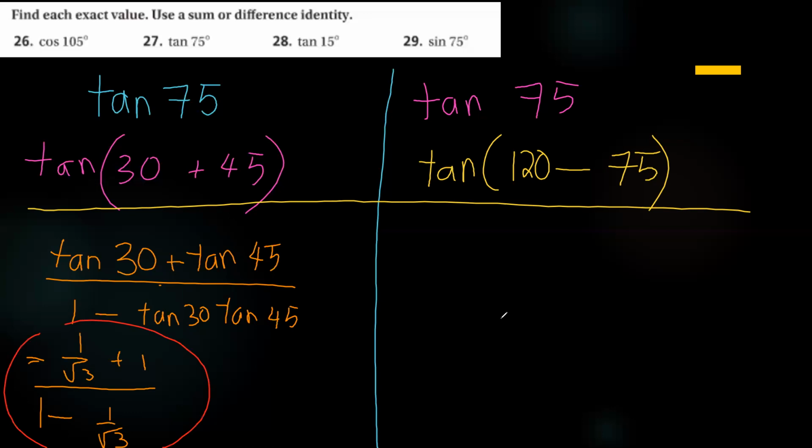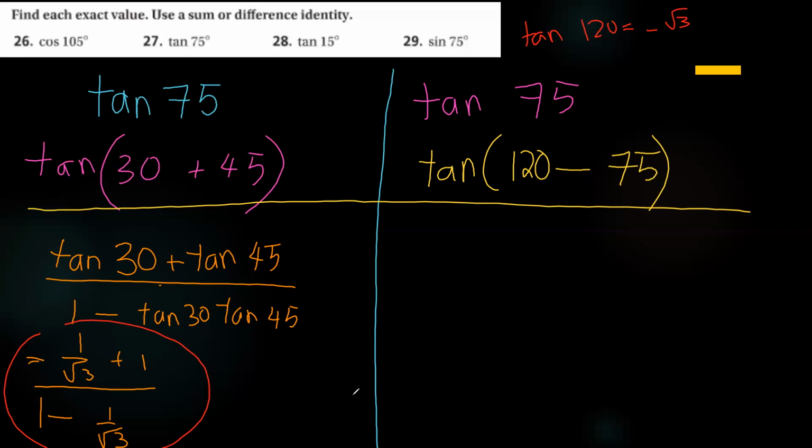Now if you solve it by 120, remember that tan 120 is negative square root of 3, because tan of 120 is the same as tan of 60, but it's in the second quadrant.